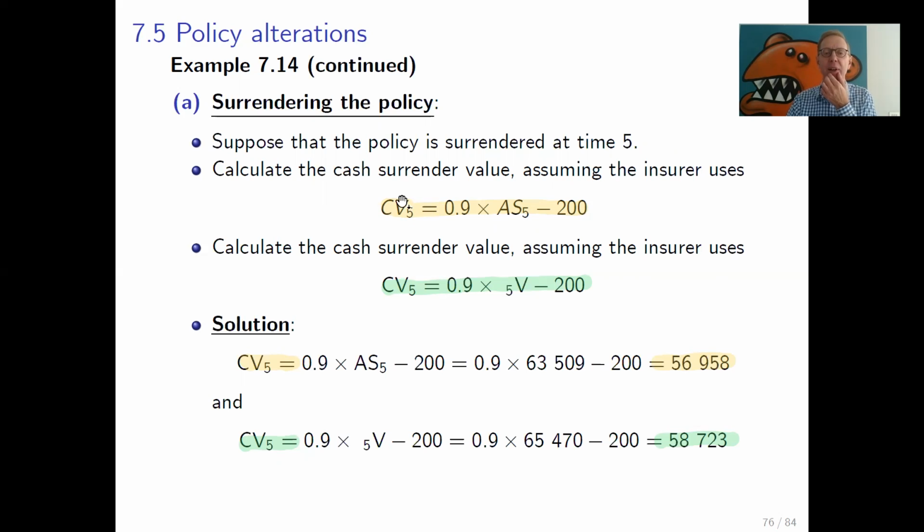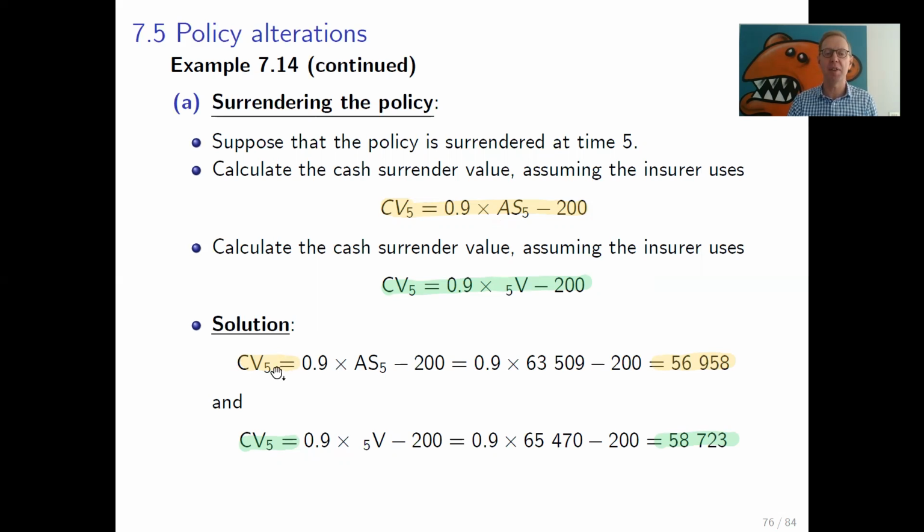So the cash surrender value is based on the asset share. It's 90% of the asset share minus an extra cost of 200. Or second possibility, calculate the cash surrender value if the insurer bases the cash surrender value on the policy value at time 5. So the cash surrender value here is 90% of the policy value minus an extra cost of 200.